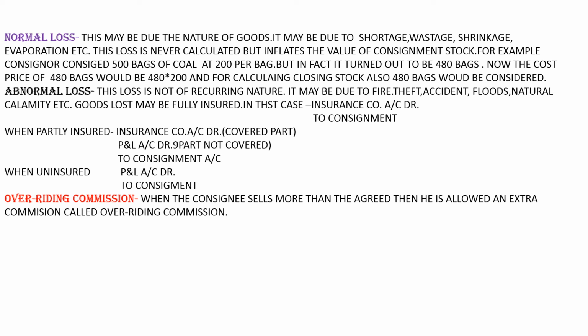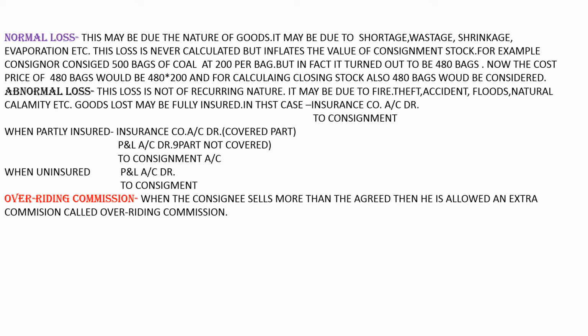Then we are coming to overriding commission. When the consignee sells more than the agreed value of the goods, then he is allowed an extra commission called overriding commission. Suppose he has agreed to sell 8,000 cycles, but he sells 10,000 cycles. How much? 2,000 he has sold extra.